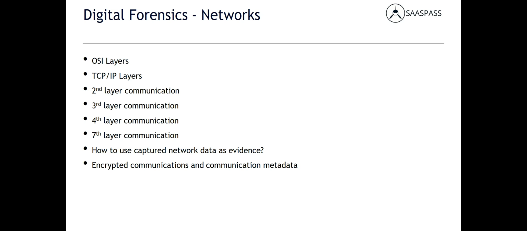For seventh layer communication, actually you are in the application level now. So you are interacting with the user, and the user may or may not use encryption. For example, SSH protocol is a nice example of application level security protocol.